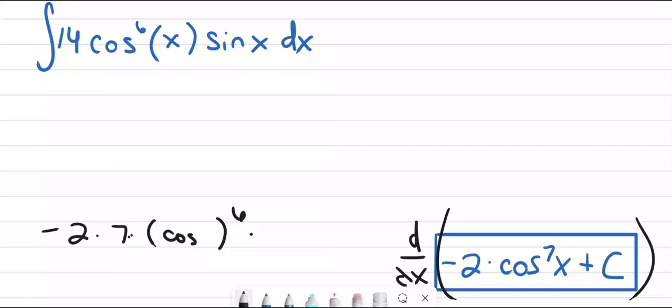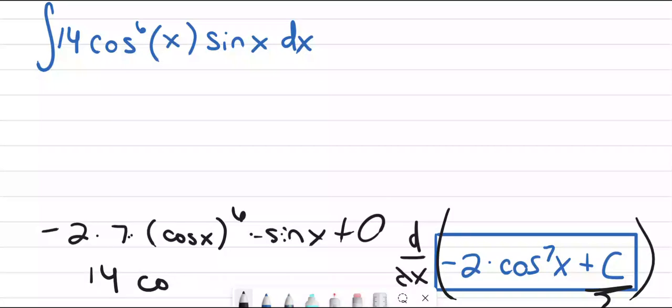Well, the inside is cosine, so derivative of cosine is negative sine. And then derivative of a constant like c is 0, right? So that's going to go away. And then if we clean this up a little bit, the negatives cancel. 2 times 7 is 14. So 14 cosine to the 6th times sine.